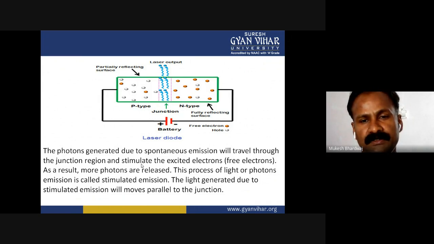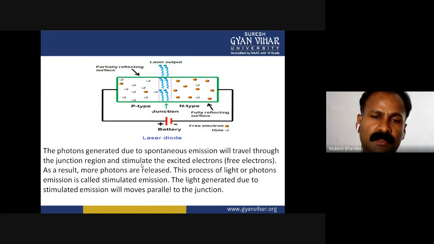When they recombine with the holes, they release a photon, or light in the form of photon energy, and this photon in a coherent mode reflects the light in a stimulated sense, and the resultant light is known as the laser light.